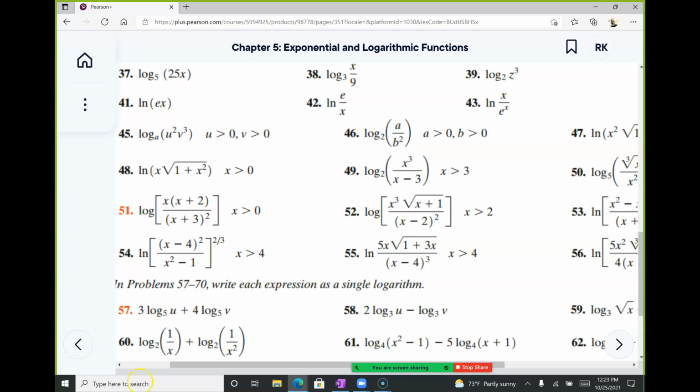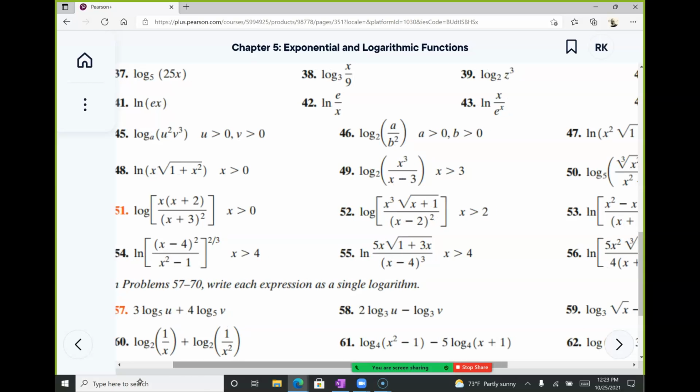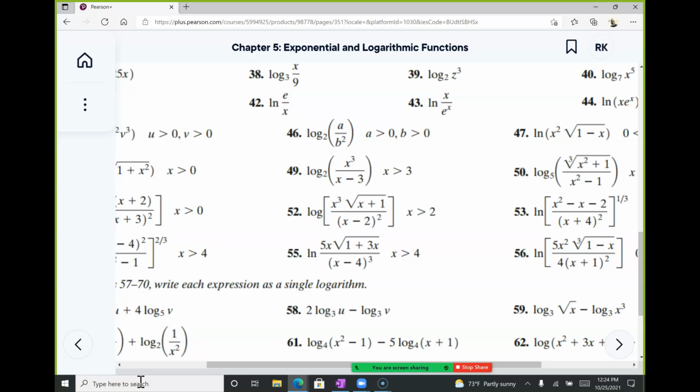I'll try and give a couple of windows here to show this. Let's do 49. If you remember, your second question on the test is for you to find the domain of a log function using a sign table, right? This one is saying I don't care about the sign table.